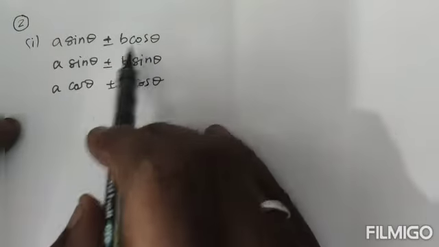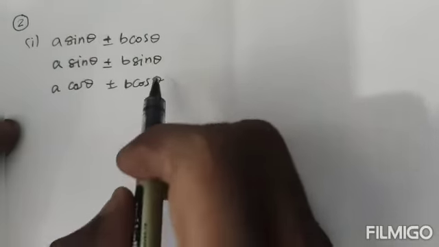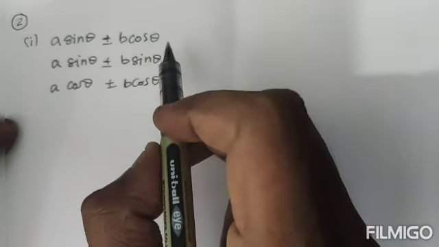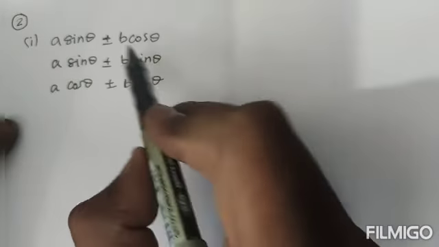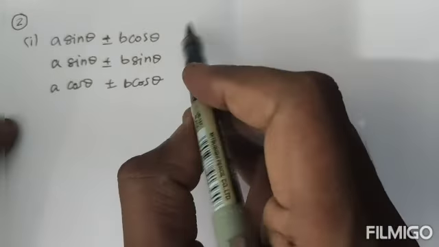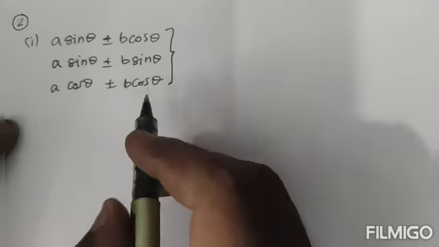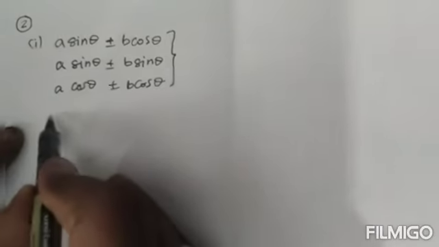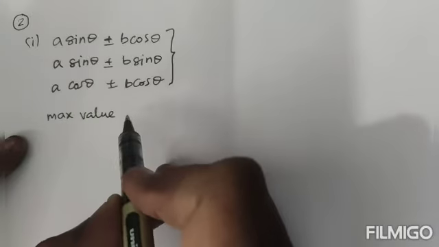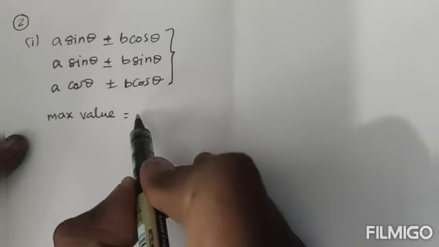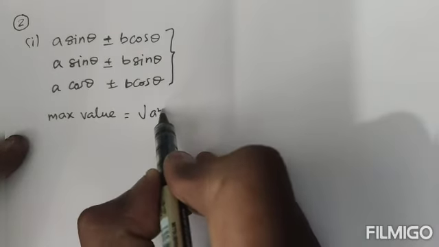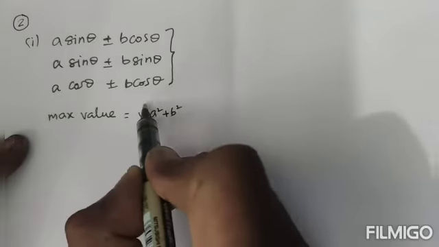So sin cos, sin sin, cos cos. Here there is no power function. For this kind of identities, if they are asking the maximum value, the formula is whole root of a squared plus b squared.